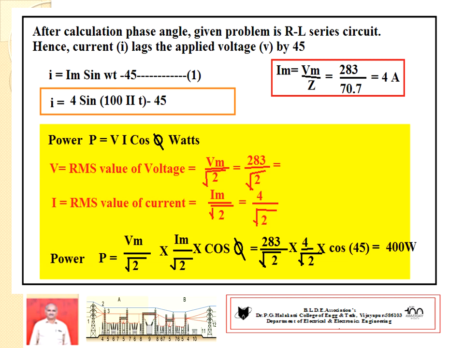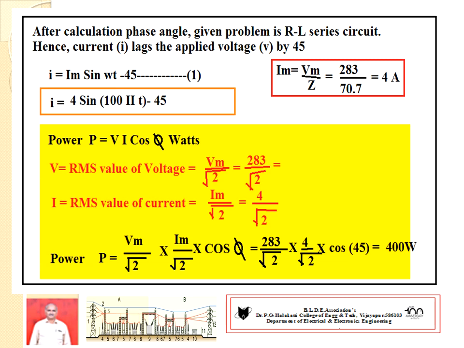You write that down. So the current expression becomes I equal to 4 sin of 100 pi t minus 45 degrees. That answers one question. Second, he asked for power. In an AC circuit, we already know that power equal to V I cos phi, the RMS value of voltage into the RMS value of current into cos phi watts. But the available value is the maximum value.